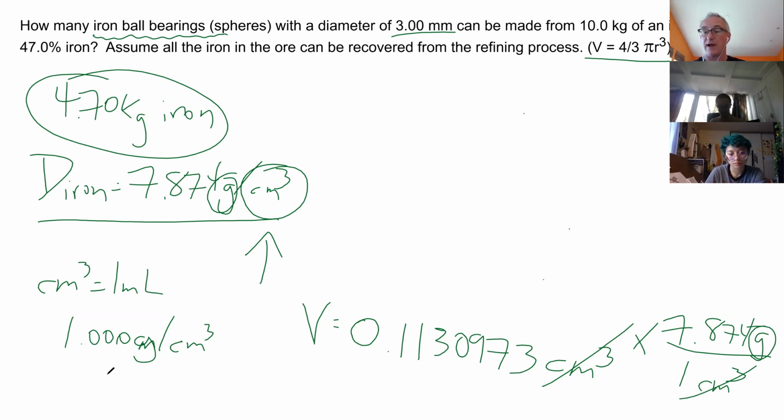So the mass of one ball bearing is how many grams? How many digits do you need? As many as you want, because we're not done yet. Okay.